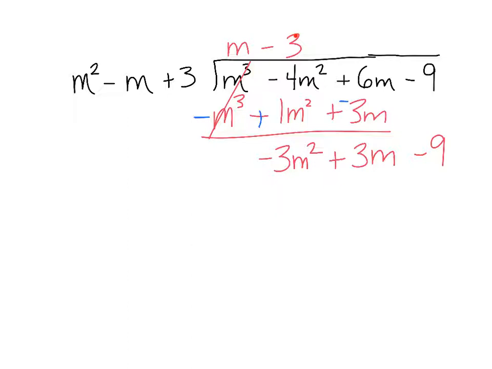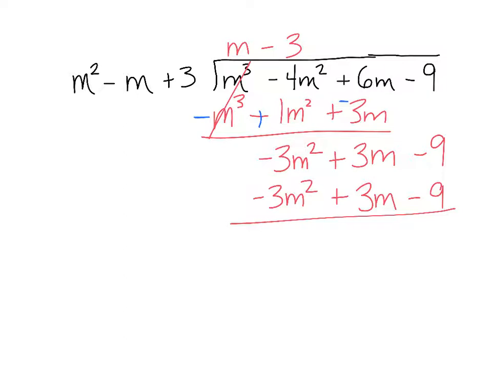So negative 3 times m squared is negative 3m squared. Now take the negative 3 times the negative m. Negative times a negative would be a positive 3m. And then the negative 3 times the positive 3 would be a negative 9.